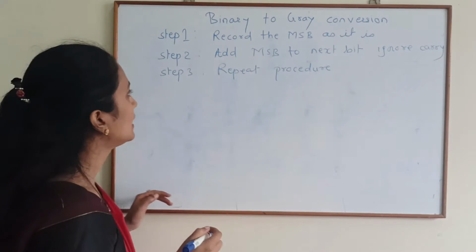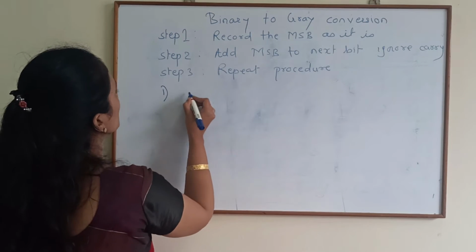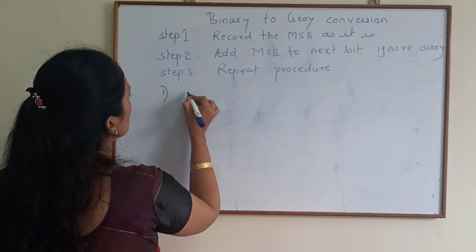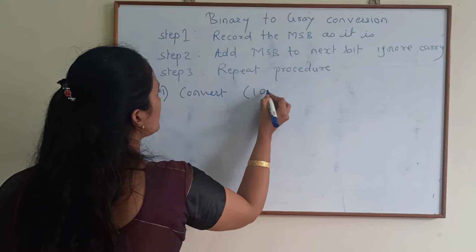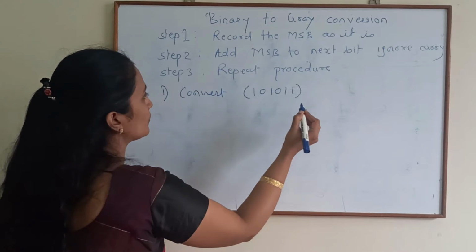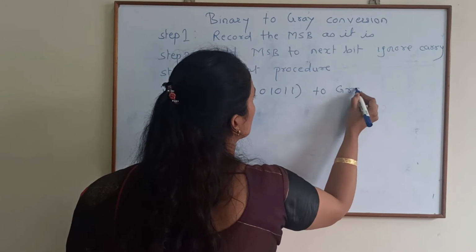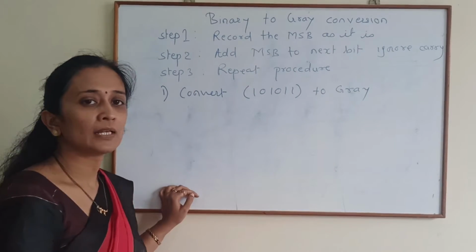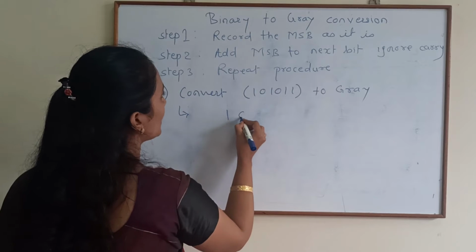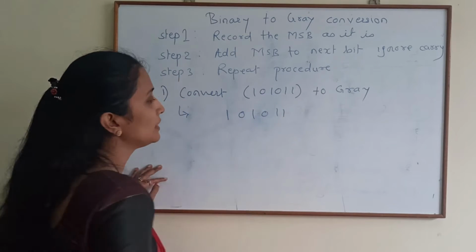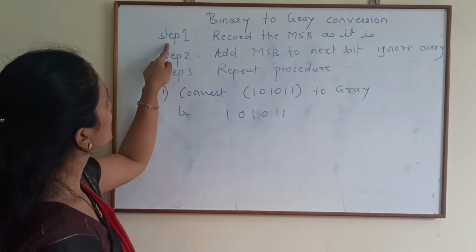To explain this, I will take one example. Convert 101011 to Gray, its Gray equivalent. Take down that number, 101011. What is the first step?